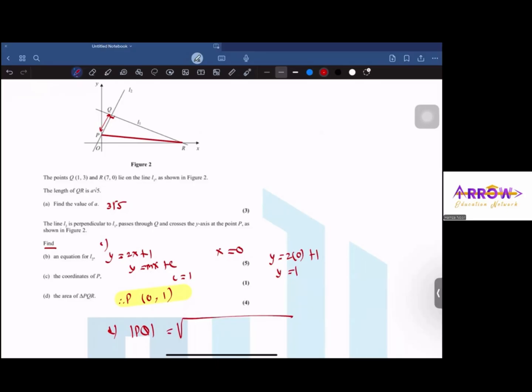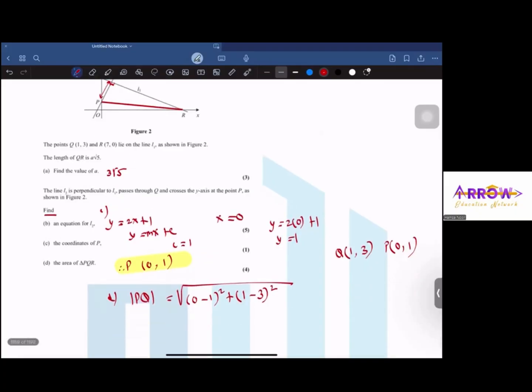The coordinates of Q were 1, comma 3, and the coordinates of P are 0, comma 1. So the length of PQ is the square root of 0 minus 1 whole squared, plus 1 minus 3 whole squared. So the square root of minus 1 squared plus minus 2 squared, meaning the square root of 1 plus 4, which is root 5. The length of the line PQ is root 5 units.